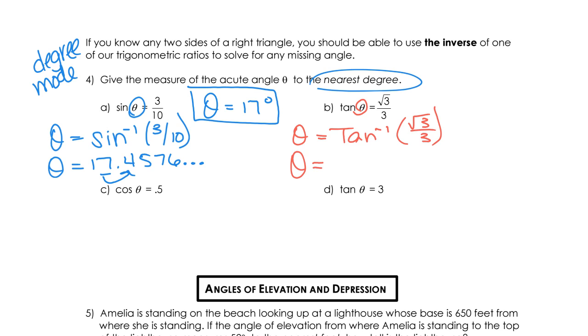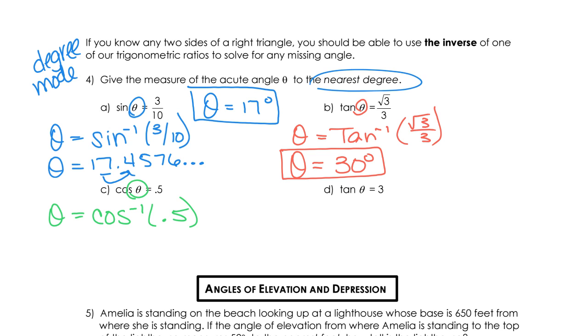And we'll say theta equals, and we'll type it in. All right. Just make sure that you close the parenthesis after the top 3 before you divide by 3. All right. And when you hit enter this time, it comes out to be 30 degrees, and we don't need to round it.